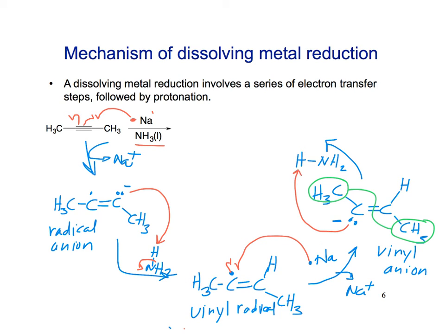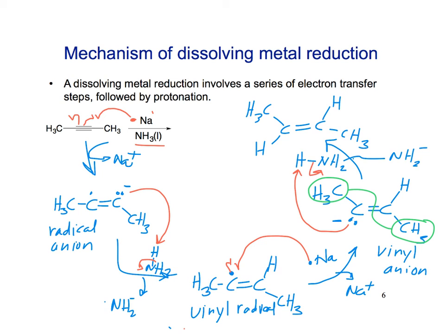It can pull off a proton off of ammonia, and that gives us our product, the trans alkene. All right. The other byproduct here is the NH2 minus. Remember, we've seen this as a very strong base that we used, in fact, to deprotonate alkynes.